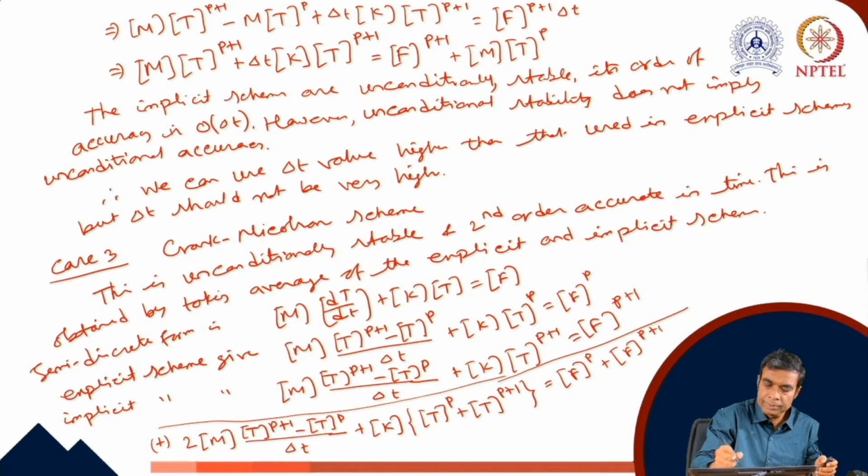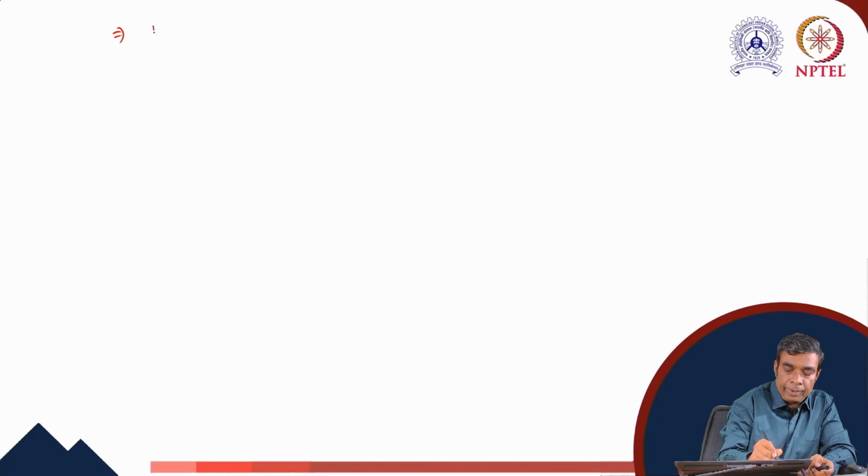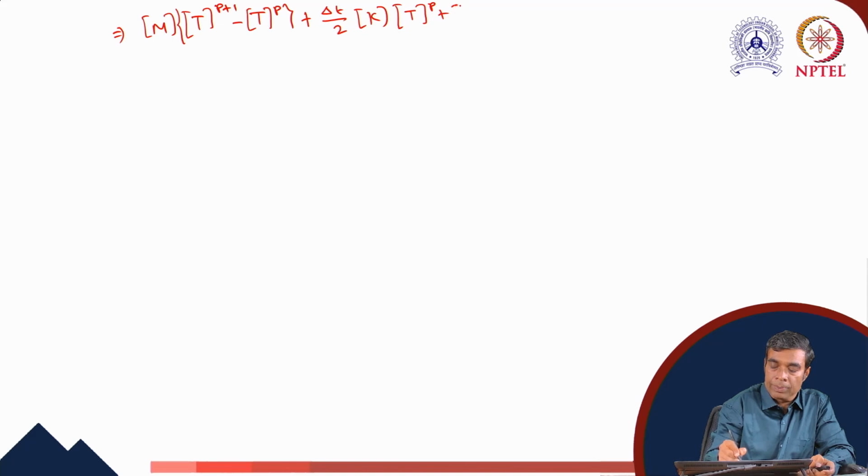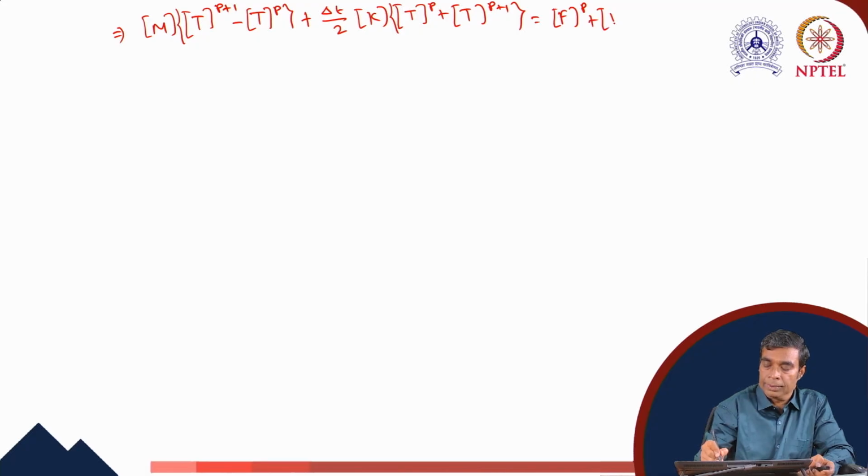There will be delta T. M into T at p plus 1 minus T at the pth level plus delta T by 2 into K into T at the pth level plus T at the p plus 1th level equals F at the pth level plus F at the p plus 1th level.